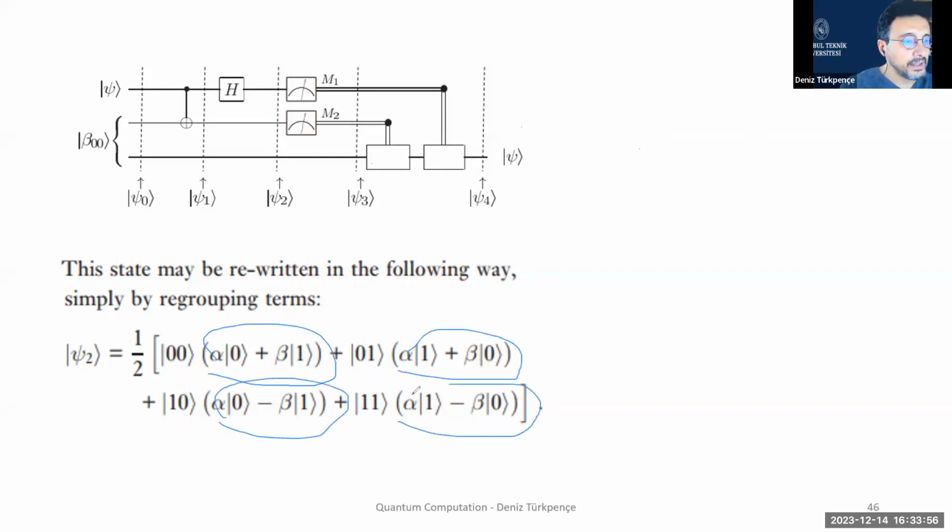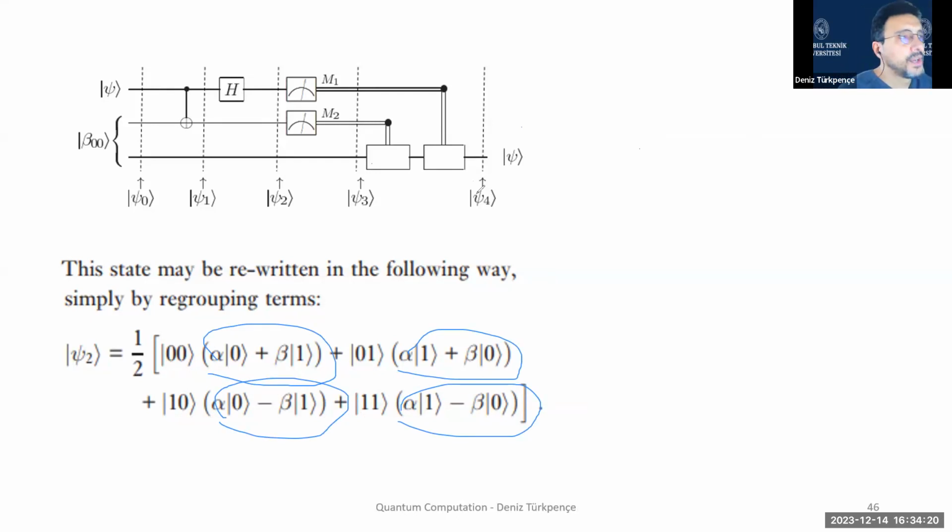It's resembling the initial psi qubit that we want to send. But after these operations, the system will collapse to one of the eigenstates. But which of them? We don't know, because the quantum measurement is probabilistic.